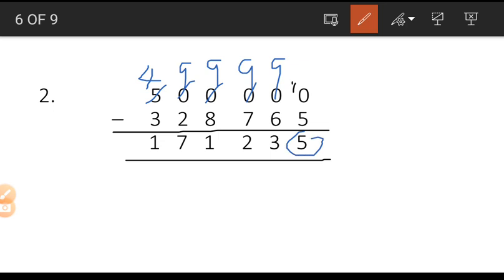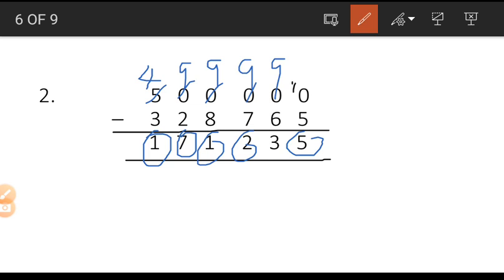Now we have 9 here, 6 taken away from 9 gives us a 3. 9 is also there, so 7 taken away from 9, you get a 2. 9 is on top of 8, so 8 taken away from 9, you get a 1. 9 is also on top of 2, so 2 taken away from 9, you get a 7. Now finally, we have a 4 remaining, so 3 taken away from 4 gives us a 1.